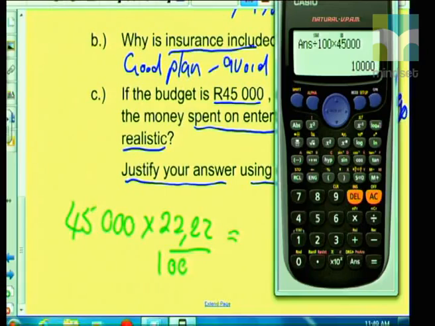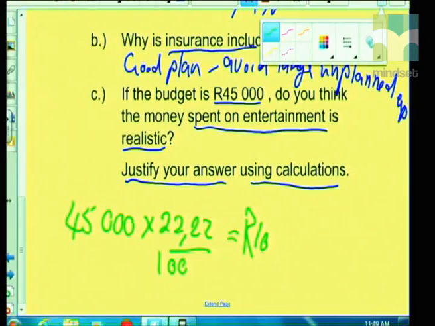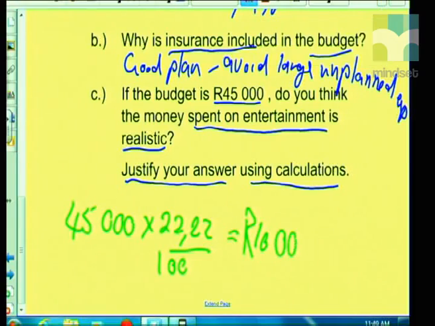And what you'll see is that the answer comes to 10,000 Rand. I'll just need to close the calculator. So out of the 45,000, 10,000 is going to entertainment.